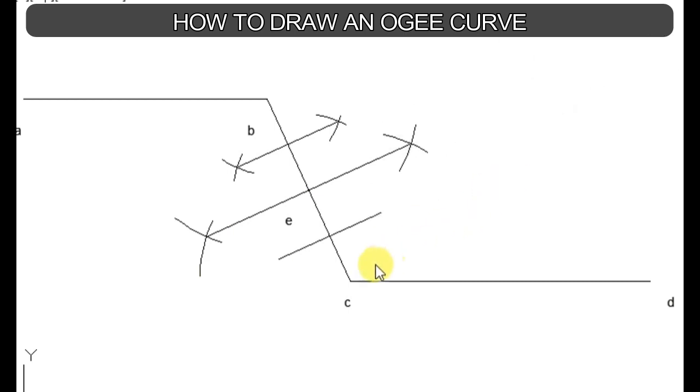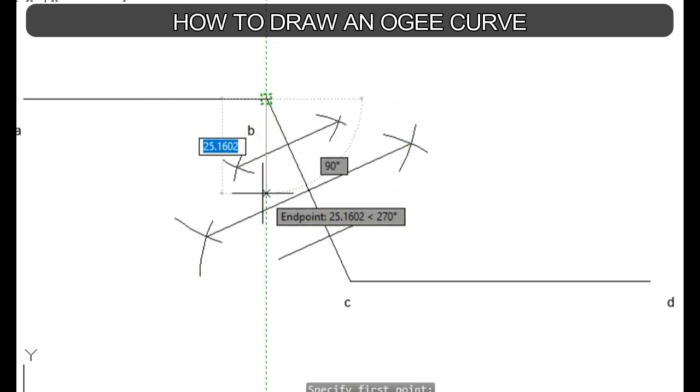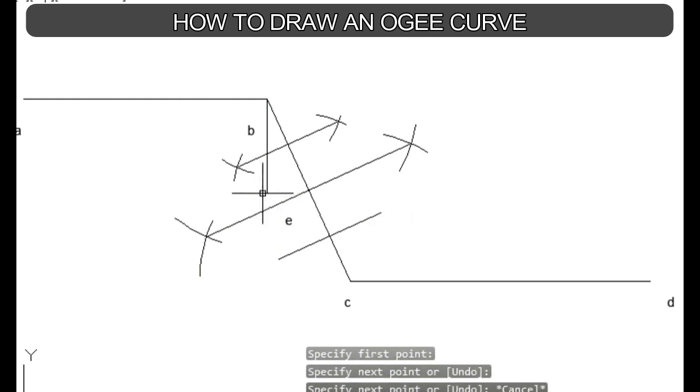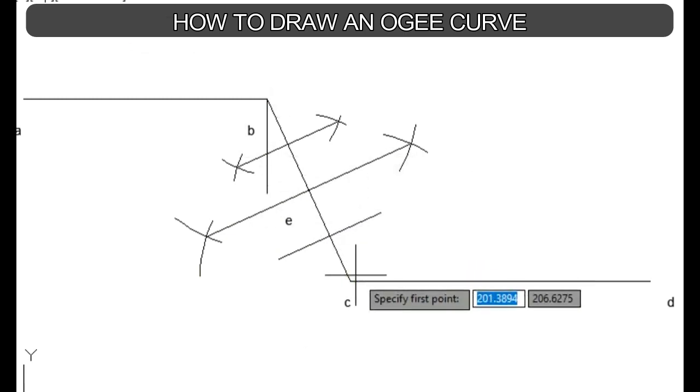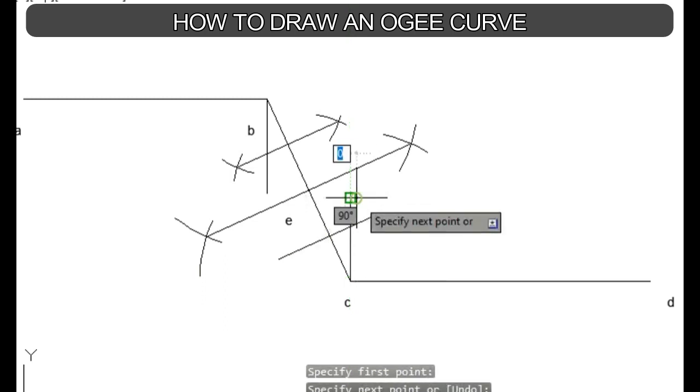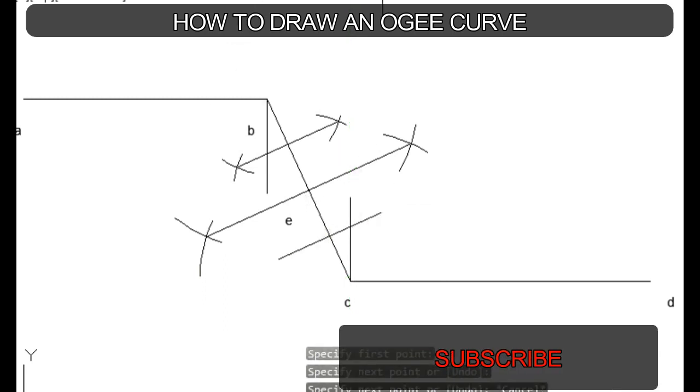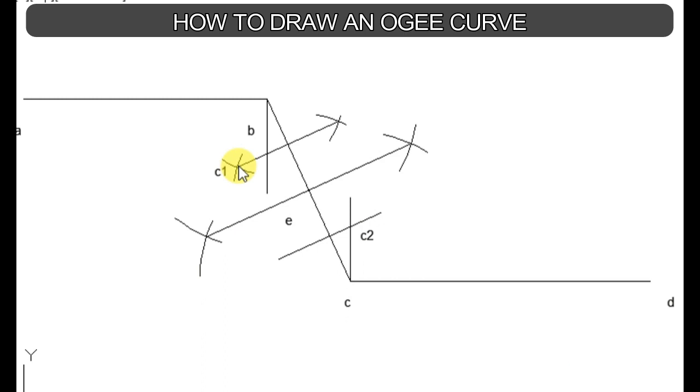Next we have to draw a perpendicular line from here and we have to draw a perpendicular line from here. Let's see how. This is C1. C1 means center 1.